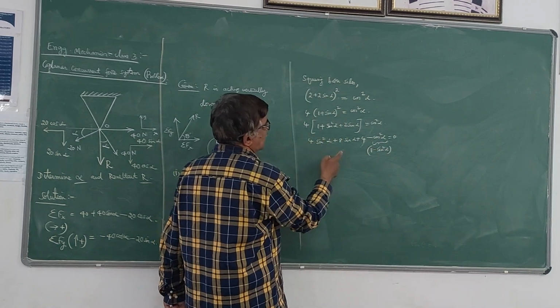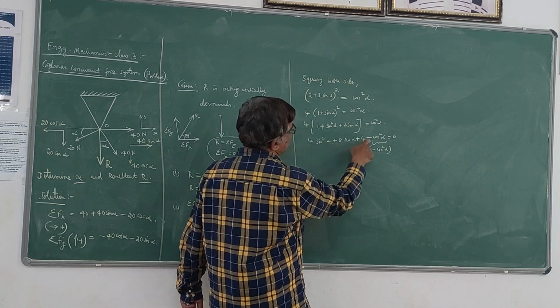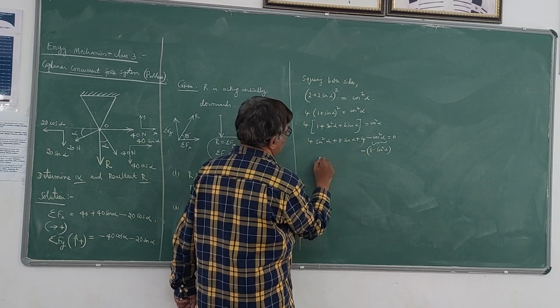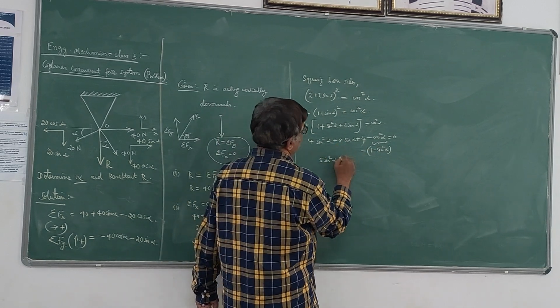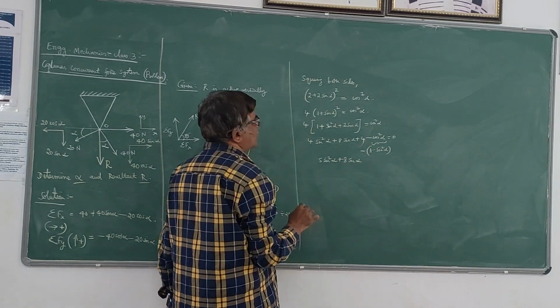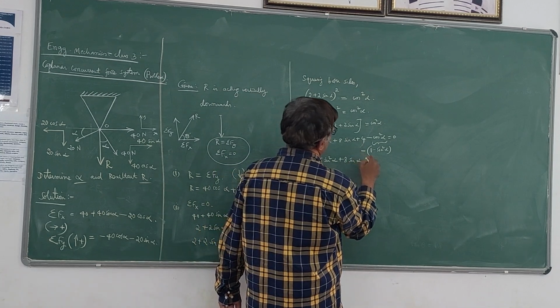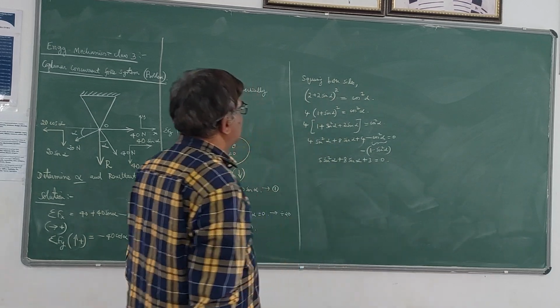Once again if you simplify, this minus into minus becomes plus: 4 sin square alpha plus 1 sin square alpha is 5 sin square alpha, plus 8 sin alpha, then plus 4 minus 1 is plus 3, is equal to 0. So this is what we get.